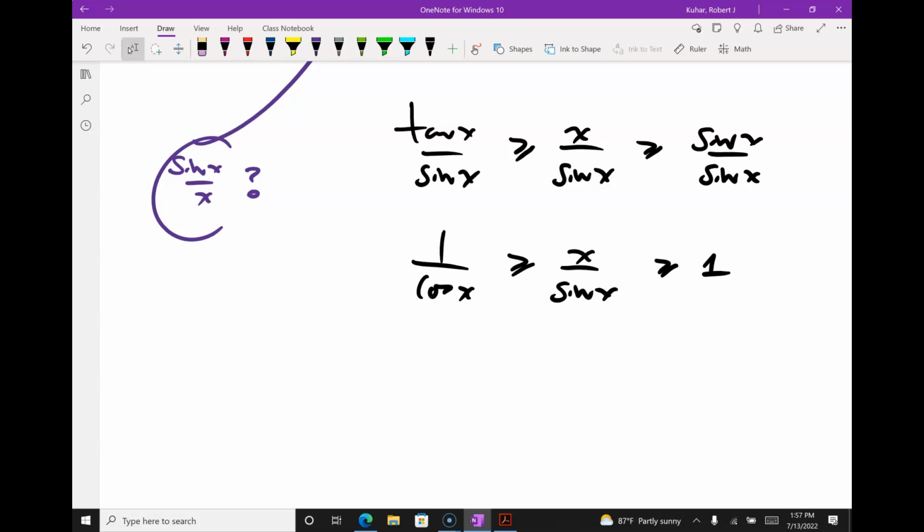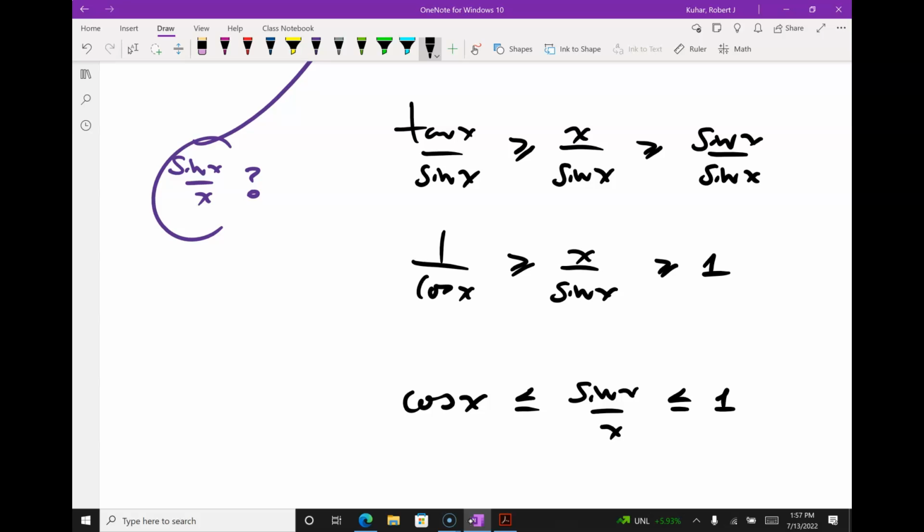Nothing wrong with being wrong. We flip them. I get cos of x is less than or equal to sine x over x, which is less than or equal to 1. When you do reciprocals, your arrows change.